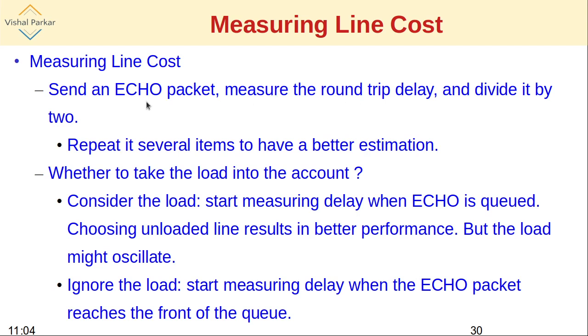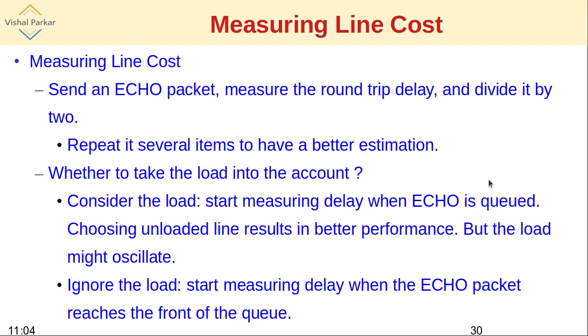When the echo packet is sent, the destination has to reply because of the ICMP protocol. So the receiver of the echo packet will reply back to the sender, and that packet will come back to the source. Now this is what is called the round trip delay.